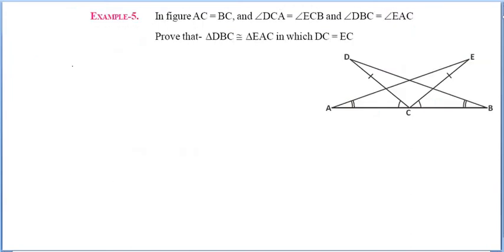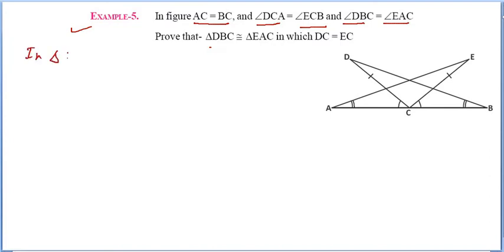Now come to example 5. In this figure, AC is equal to BC, given, and angle DCA is equal to angle ECB, and angle DBC is equal to angle EAC. Now prove that the triangles are congruent, in which BC is equal to EC. So let us see how we can do this.